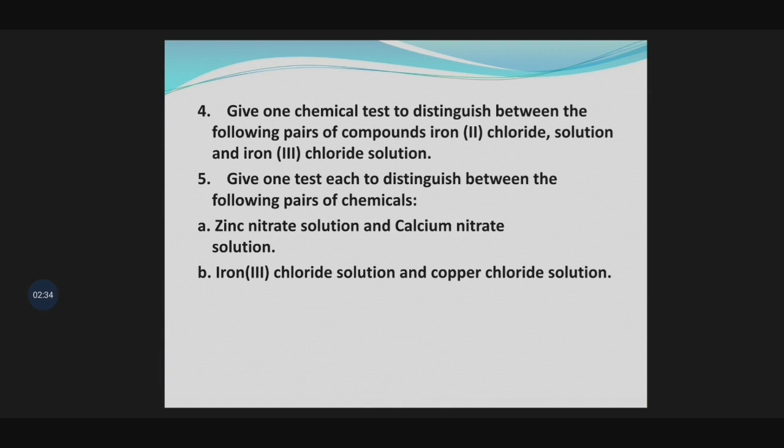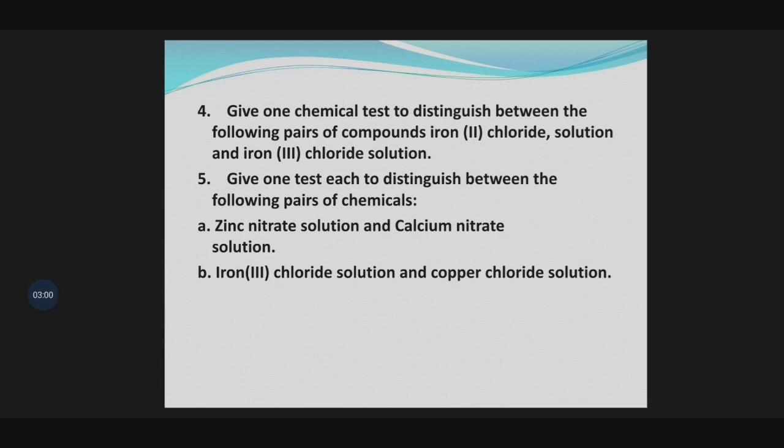Number 5, give one test each to distinguish the following pair of chemical compounds. Number 1 is zinc nitrate solution, number 2 is calcium nitrate solution. You can use both sodium hydroxide as well as ammonium hydroxide. So let me discuss with sodium hydroxide. Whenever the given solutions are taken in a test tube and sodium hydroxide is added dropwise to both of them, both will form a white precipitate.